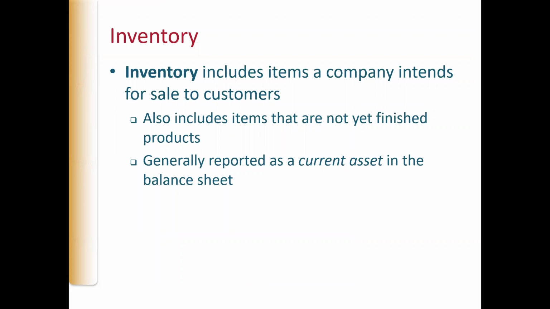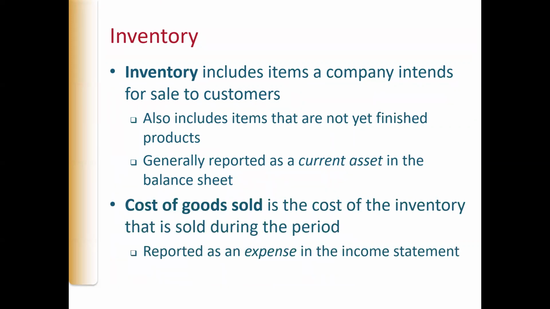So we know inventory, if you are a manufacturing company, you purchase various raw materials in order to make products, ultimately for sale to customers. Items that are still not finished are included in inventory, and we're going to talk about that.